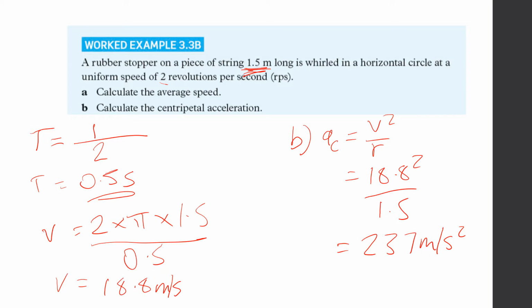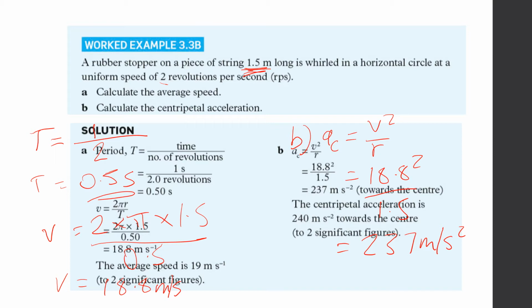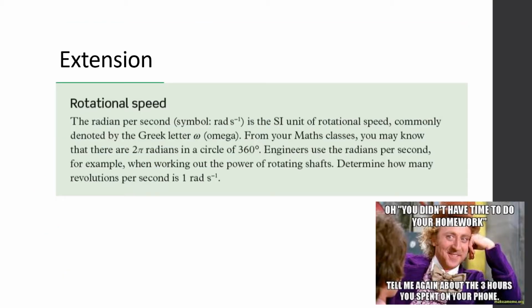Have a think about what that should be in significance, and I'll reveal it for you now. So this is an extension thing for you to consider in terms of rotational speed. The radian per second, given in symbols rad per second, is the SI unit of rotational speed, commonly noted by the Greek letter, looks a bit like a W, omega.